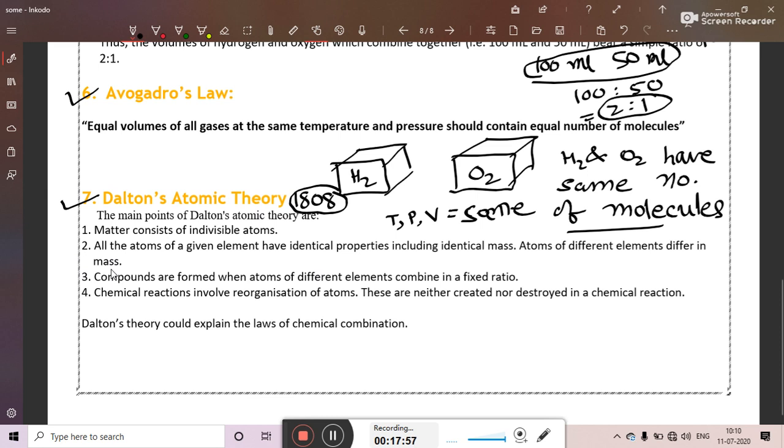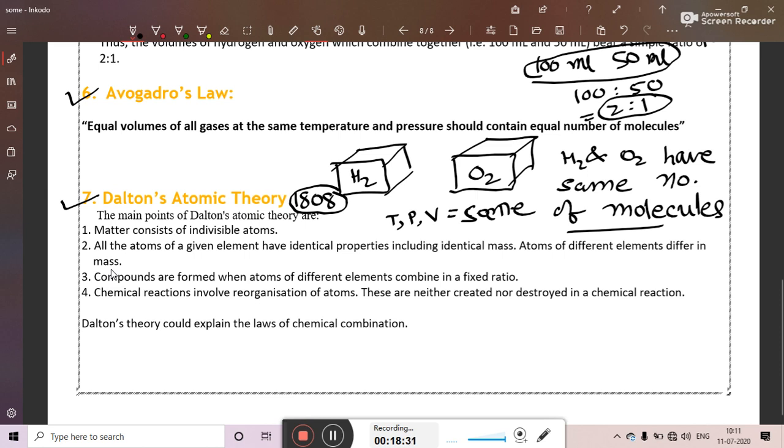So if we have two atoms, and both belong to hydrogen, then both will have the same properties, the same mass and the same size. But if we have two atoms belonging to two different elements, then their mass will be different and their size will also be different.